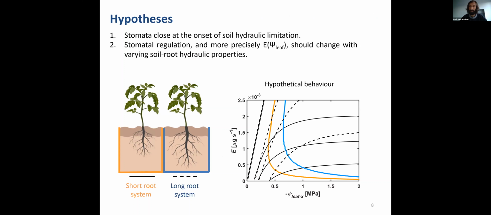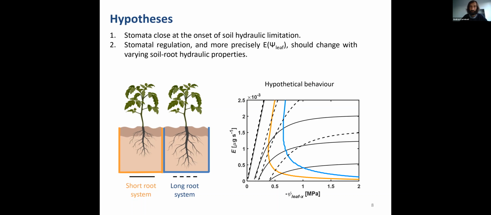And this is the hypothesis that we tested in the experiment that I'm going to show you. The first hypothesis is that stomata do close at the onset of soil hydraulic limitation. And the second is that stomatal regulation, and more precisely the relation between transpiration and leaf water potential, should change with varying soil and root hydraulic properties.